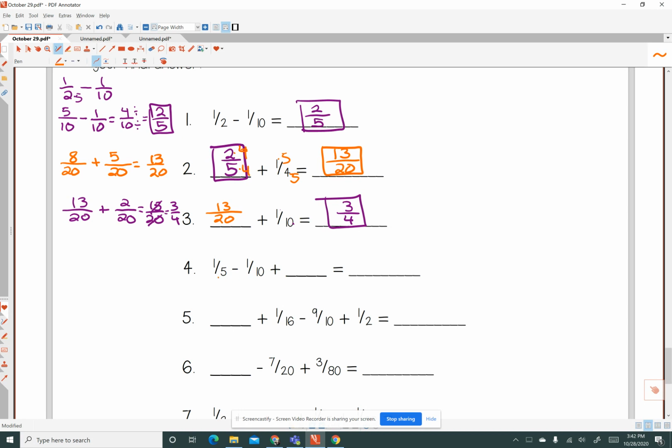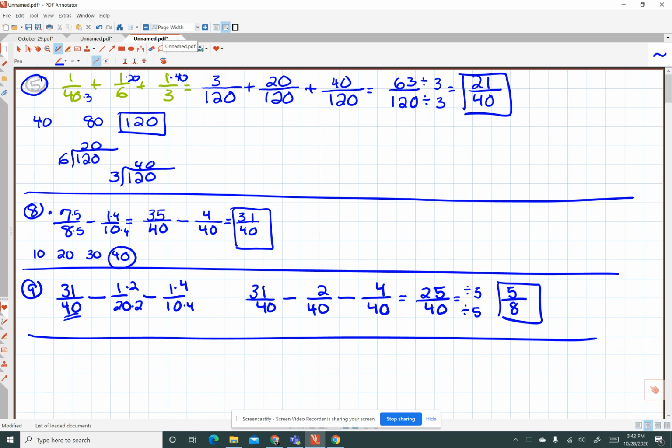Moving on to the next one, we have a denominator of 5 and 10. And we need to put our 3/4 here. So we need a multiple of 10, 5, 10, and 4. Let's go to a new piece of paper for this. 1/5 minus 1/10 plus 3/4.